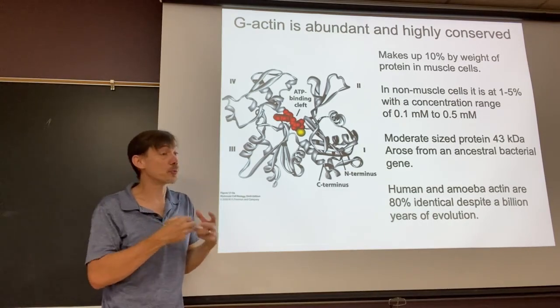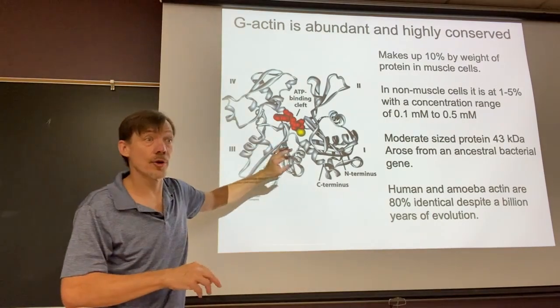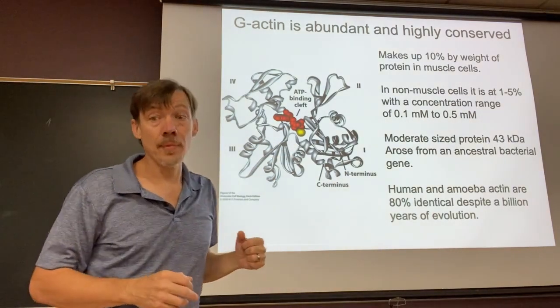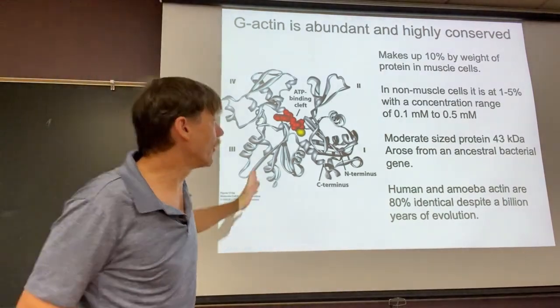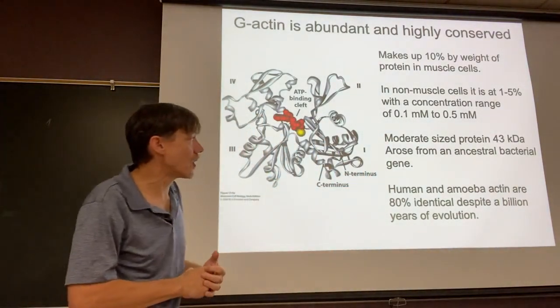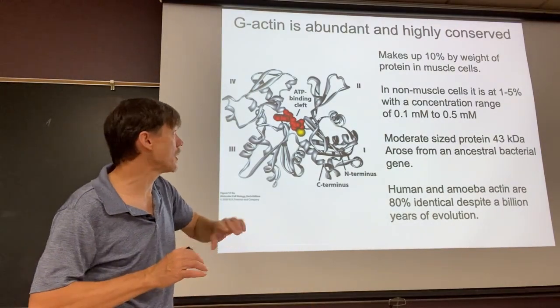that experience really high forces, you can imagine that the internal structure is going to be very tightly held together and compact. Actin is a really highly conserved protein. So human and amoeba actin are 80% identical despite a billion years of evolution.